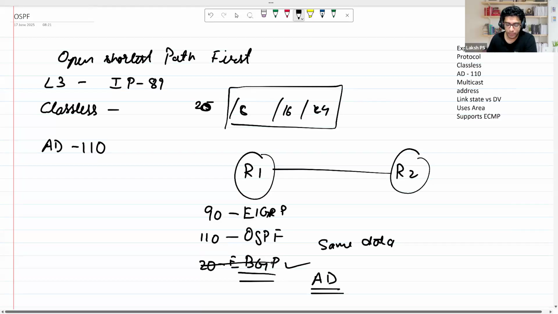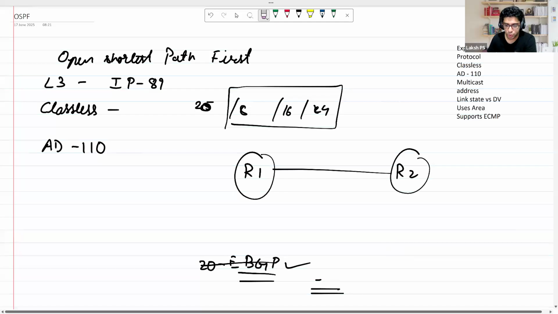For some reason eBGP fails, the next lower AD value is of EIGRP, so R1 and R2 will choose EIGRP to forward the data. If EIGRP fails, then they would switch over to OSPF, which has an AD value of 110. So the AD value, or the administrative distance value, is used as a tiebreaker if multiple protocols are running between two different routers and they're forwarding the same kind of data.